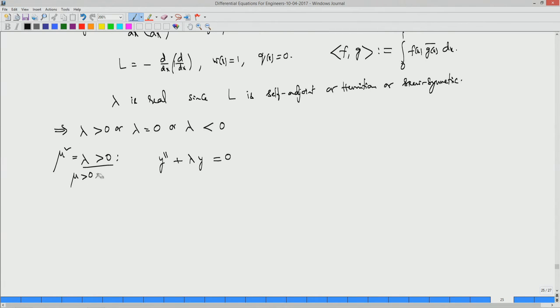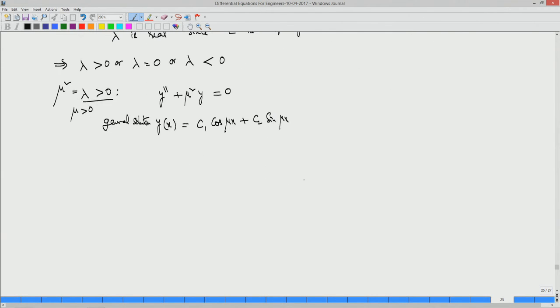So you get the general solution y(x) equal to c1 cos mu x plus c2 sin mu x, for x between 0 and 1.